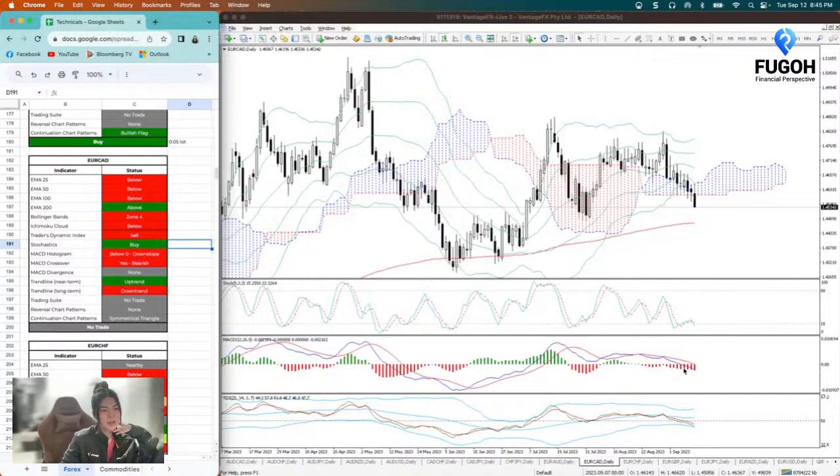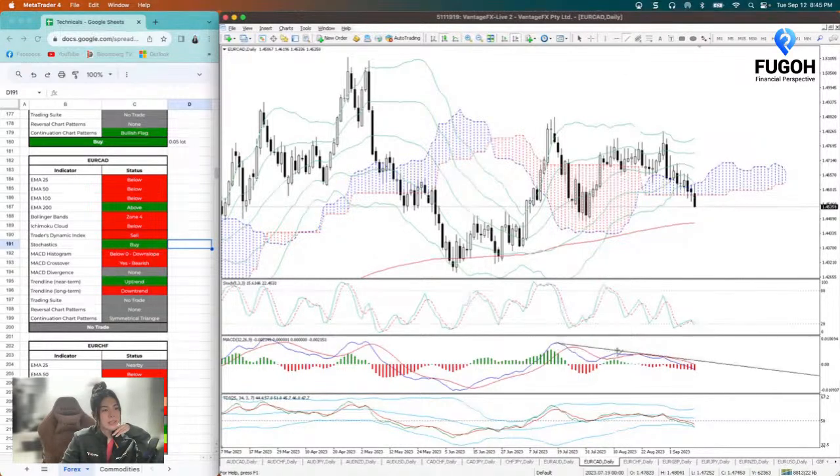Histogram MACD is actually increasing in height. So that's still a downslope. Any MACD convergence, we said yes, that's a bearish. Let's see. High. All of our highs are going down. So here, high. All of the highs are lower.